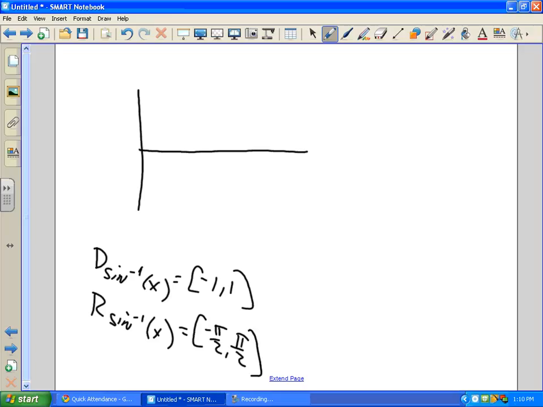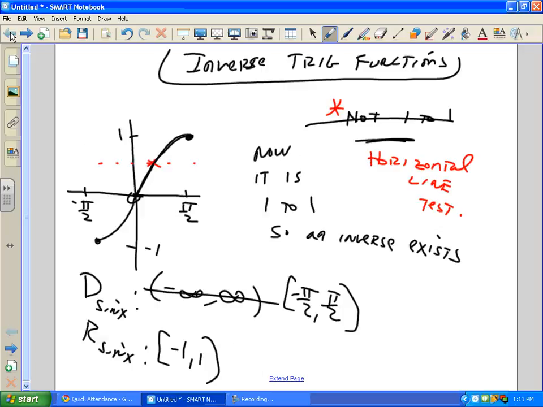Okay, so what do we know about inverses? Well, we know that everywhere the graph is increasing and concave up, the inverse will be increasing but concave down. Everywhere the graph was concave down, the inverse will be concave up.